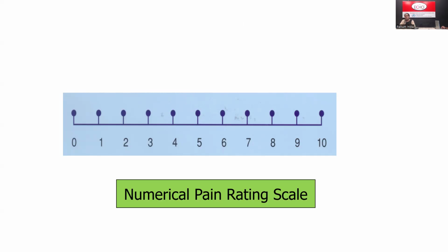So after explaining the numerical pain rating scale, we should ask the patient, what is their score? How much score are they giving for their pain? Okay. Is it clear how to explain the numerical pain rating scale? 0 means no pain, 10 is the worst imaginable pain, and 1, 2, 3, as the numbers go high, the pain increases. Okay, next.